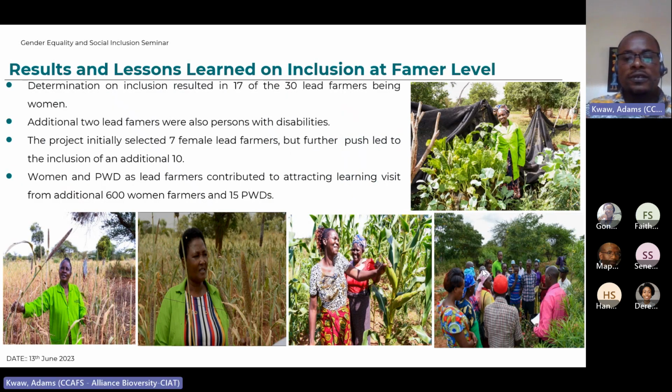Now, in terms of the farmer level, what happened? Based on these conscious measures we took, we succeeded in getting 17 of the 30 lead farmers being women. The fact is initially they were not 17, I think they were 7.